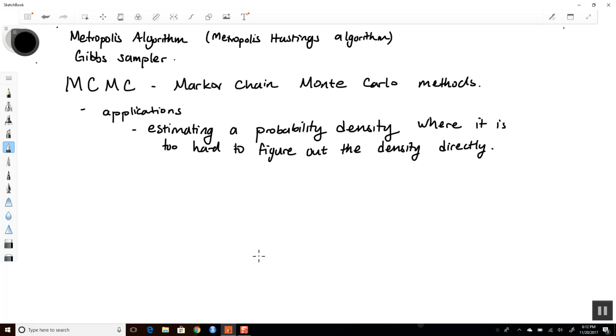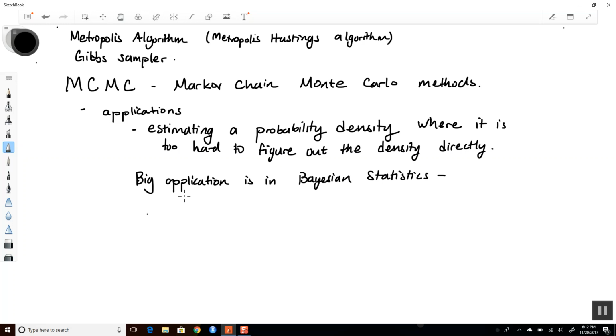Okay, and so we looked at Bayesian statistics last week, and a lot of times in Bayesian statistics, we turn to these MCMC algorithms in order for us to get the posterior distribution. So, a big application is in Bayesian statistics.